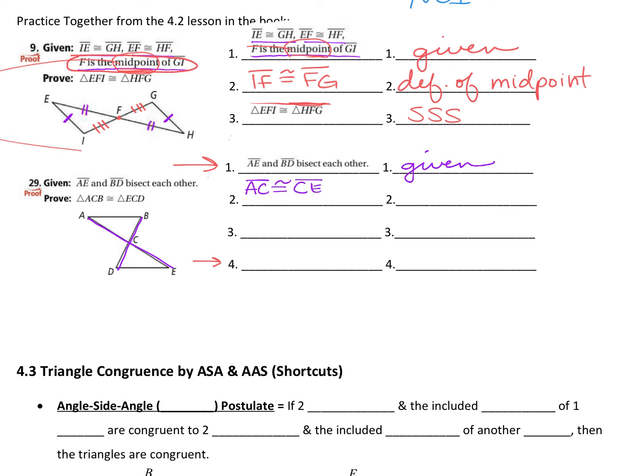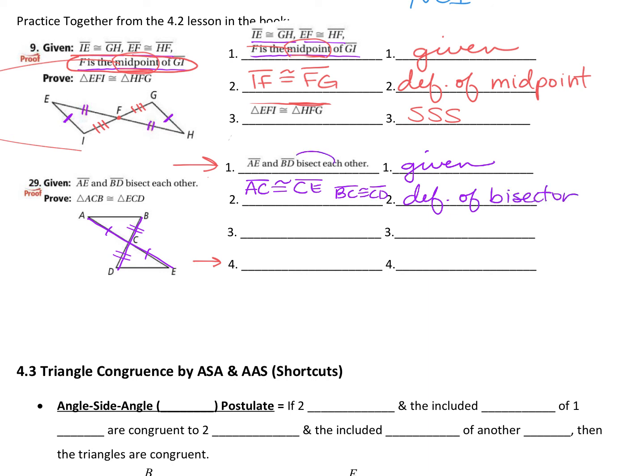And whenever the reason is the same, we always just make it one step. So AC is congruent to CE. What else is congruent? BC is congruent to CD. Okay, so make that the same step. The reason for that is definition of a bisector.